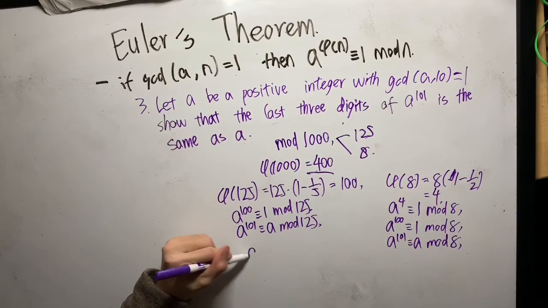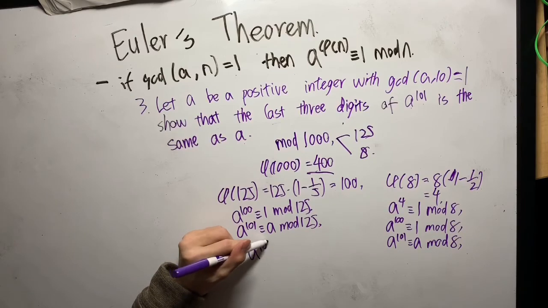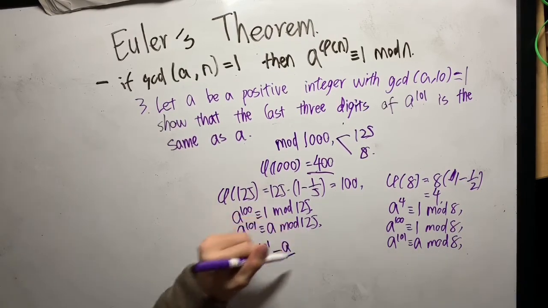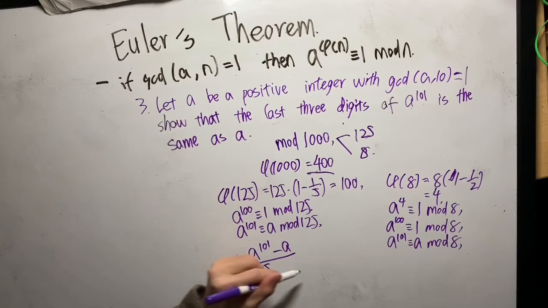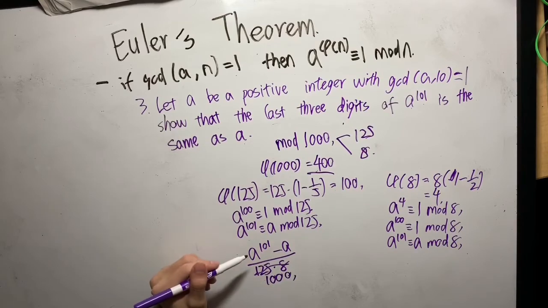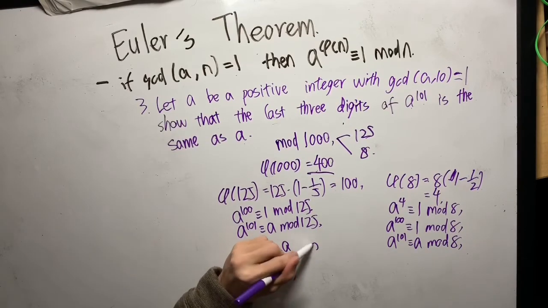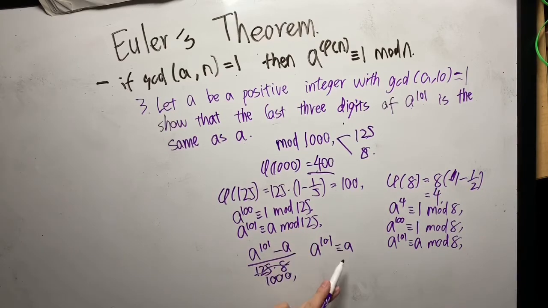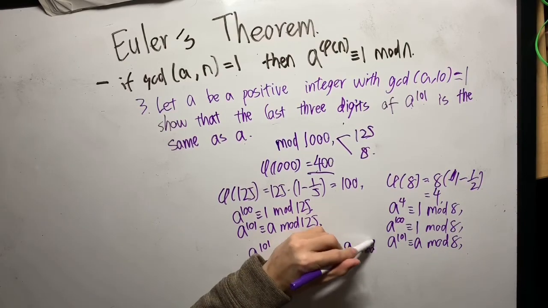Thus, a^101 minus a is divisible by 125 and 8, which is 1000. Thus, we prove that a^101 is congruent to a mod 1000.